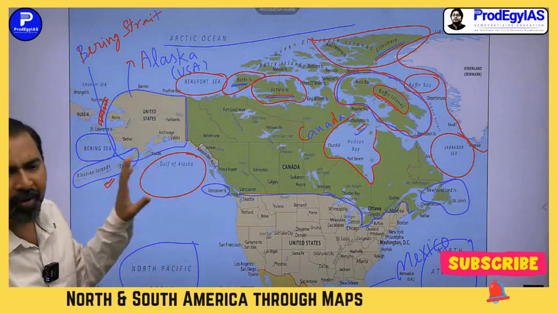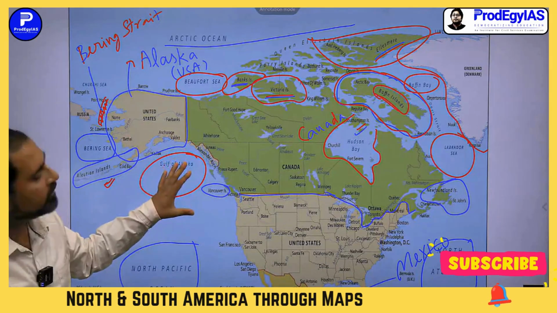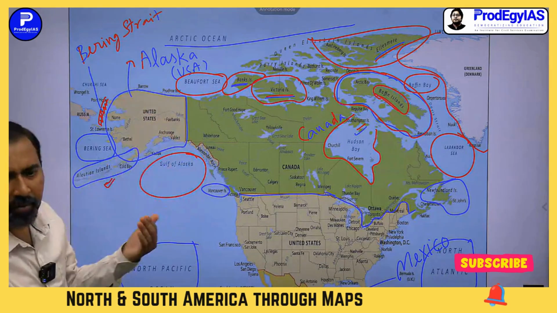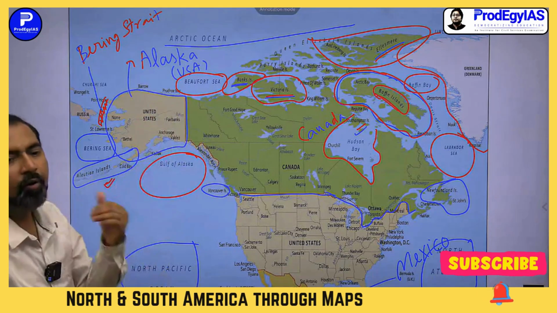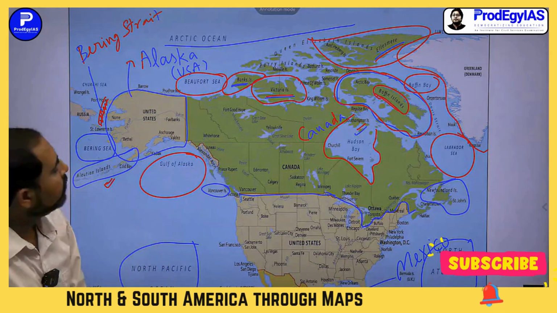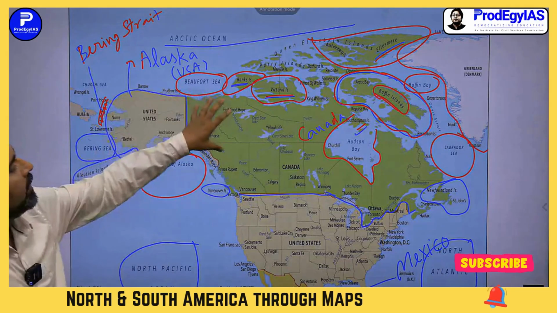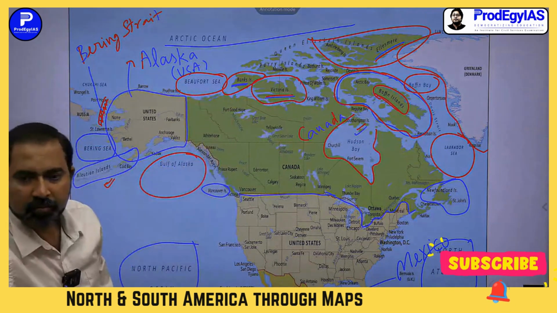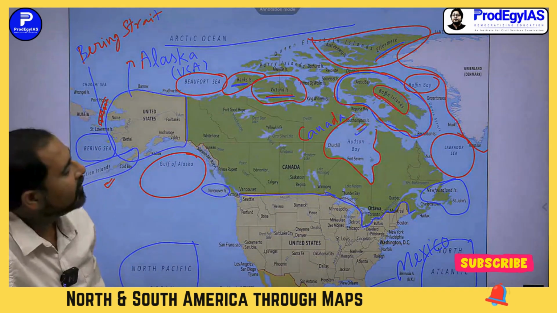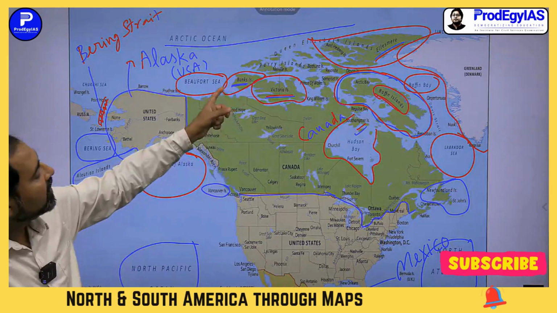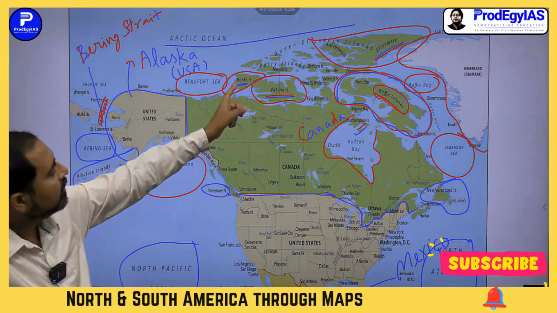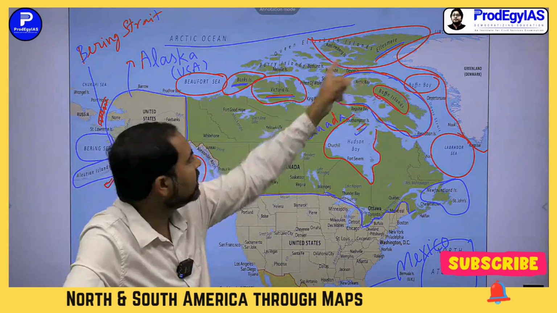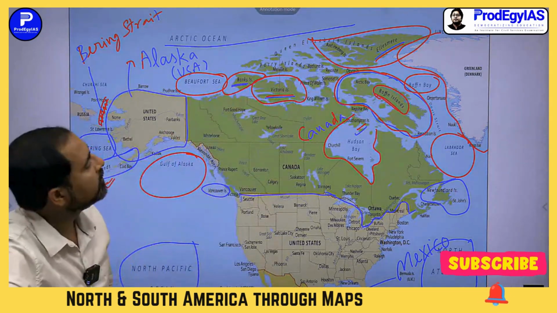So in each and every map, we'll be locating such type of things. Better you list them out. These things which are being highlighted here, like these islands, because later on you will forget them. So just note down islands of Canada: Baffin, Ellesmere, Victoria, and Banks.